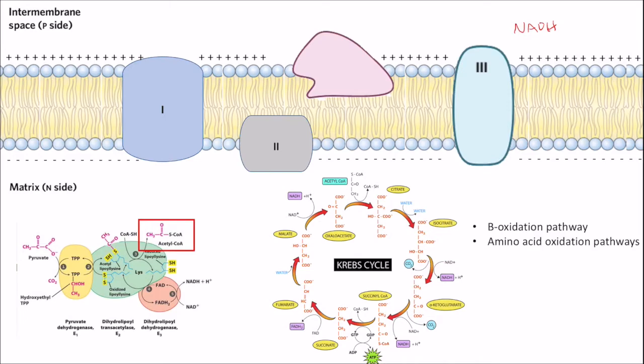Also, we are able to get NADH molecules from the beta oxidation pathways and the amino acid oxidation pathways. Now that we have all this NADH from these multiple pathways occurring in the matrix, the NADH will enter the ETC through complex 1, going on to create ATP in the same way.